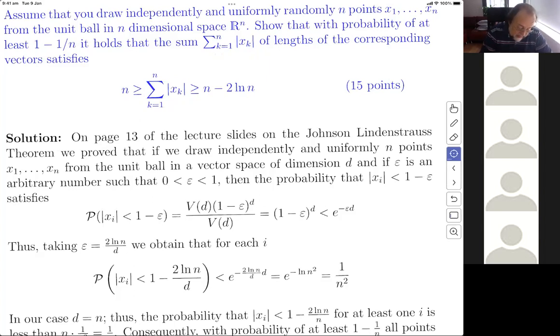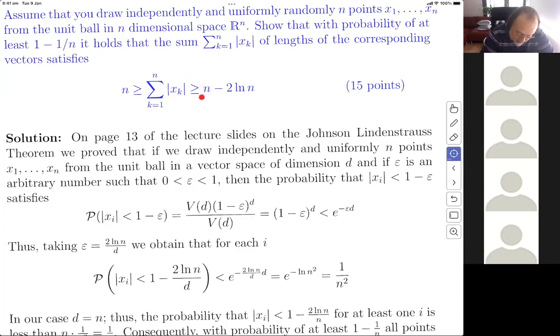Of course, this sum is smaller than n because all the points are drawn from the unit ball, so they are inside it. The length of each vector is smaller or equal than 1, so their sum is smaller or equal than n.